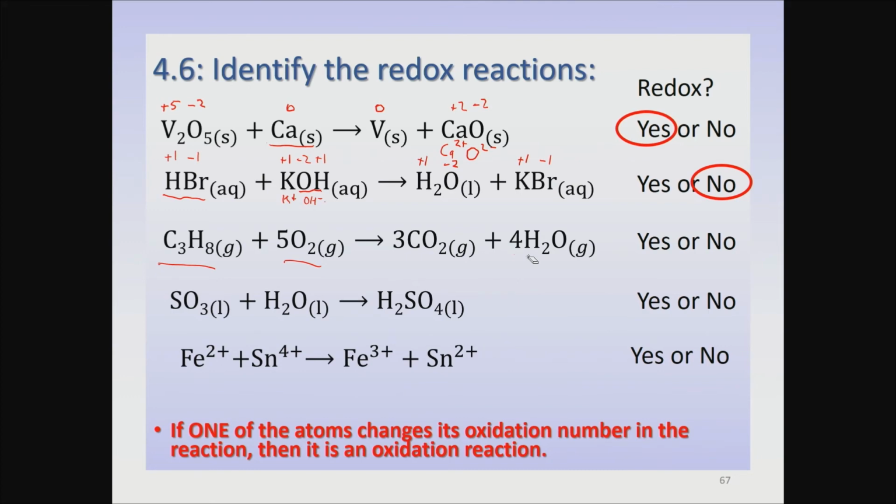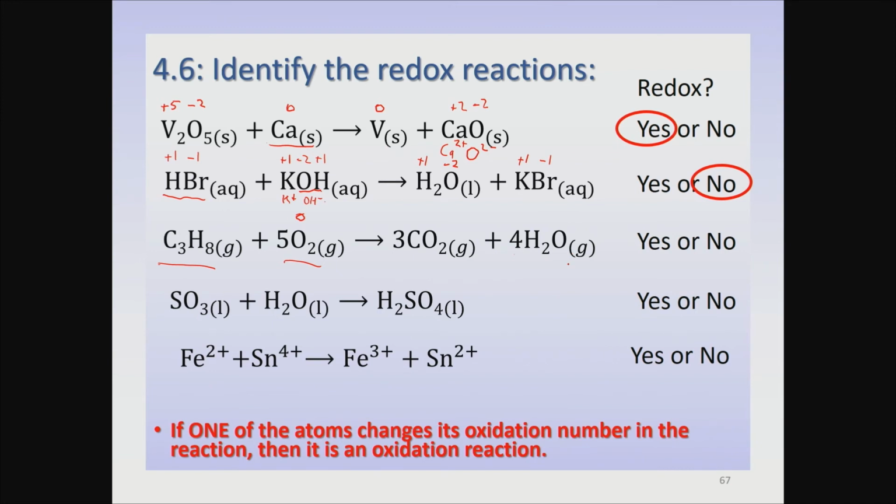Okay, so is there a free element in this equation? Yes, on the reactant side, we have oxygen. You see that oxygen is not bound to any other element, so that is a free element. So let's focus on oxygen and see if its oxidation number changes from reactants to products. Here, as a free element, oxygen has an oxidation number of 0. Now, you can see that oxygen is in two different compounds on the product side.